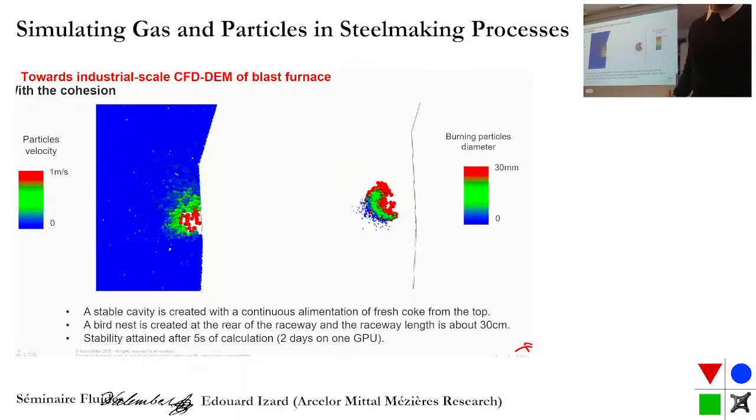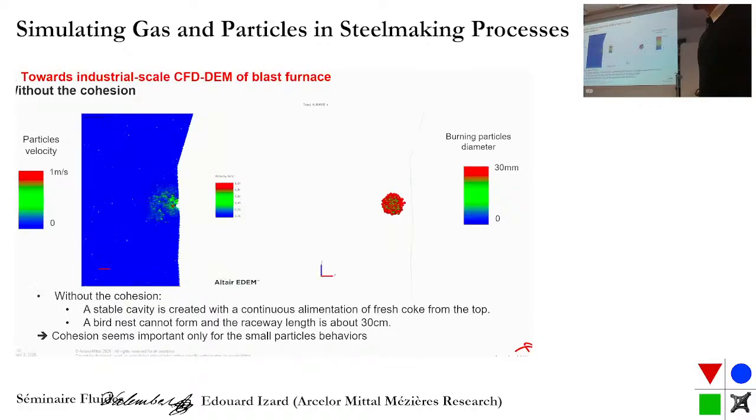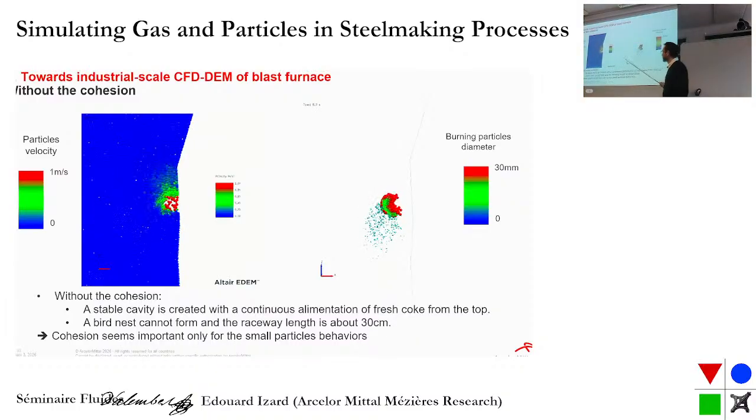An interesting thing we have also performed is without the cohesion. So we can do the same simulation without the cohesion. And what is quite interesting is that you see that the fine particles that are generated due to the combustion, in fact, percolate through the bottom. So it means that they cannot build up at the rear of the cavity.